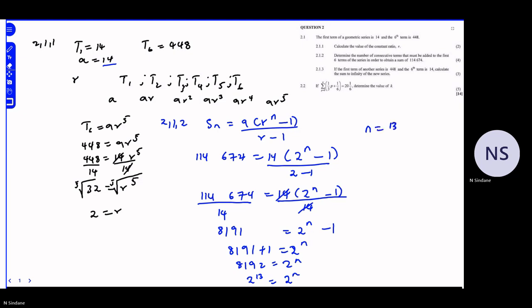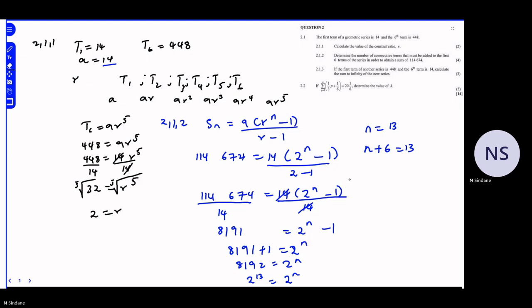But remember what they said. Determine the number of consecutive terms that must be added to the first 6 terms of the series in order to obtain the sum of 114,674. So in this case, I must say n plus 6 will give me 13, right?